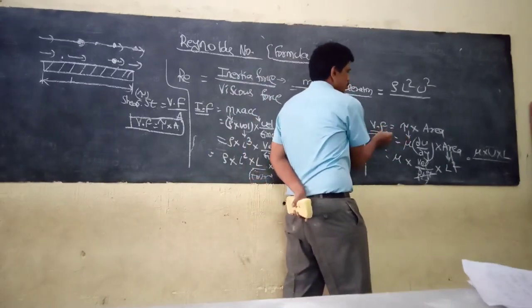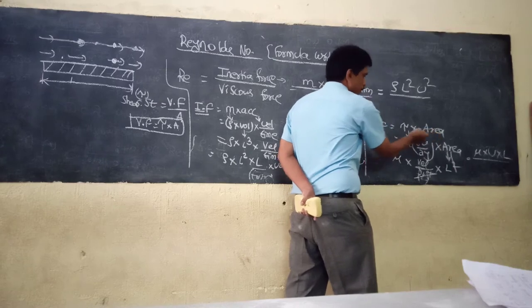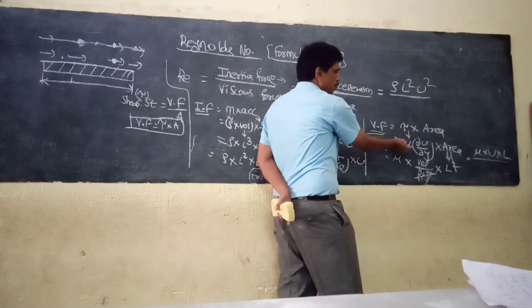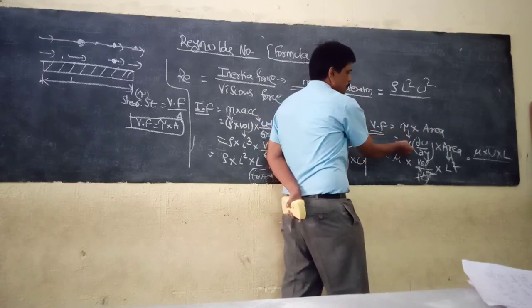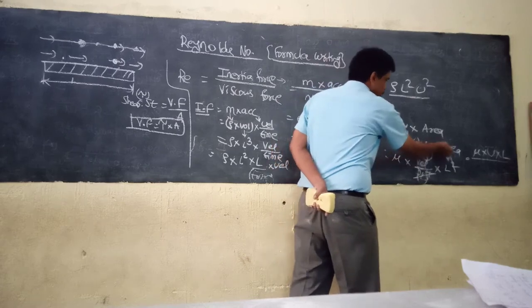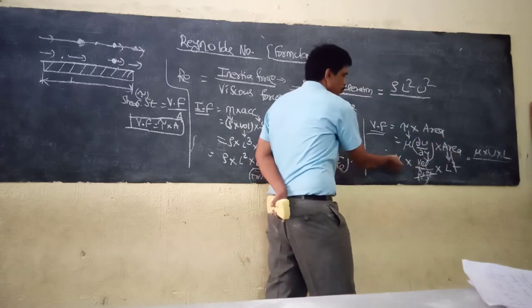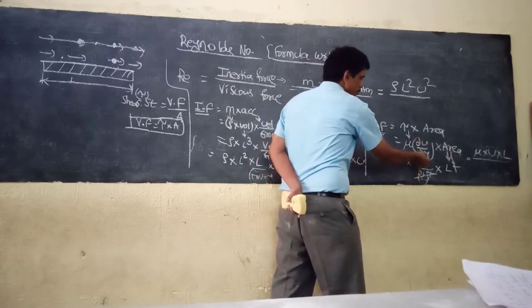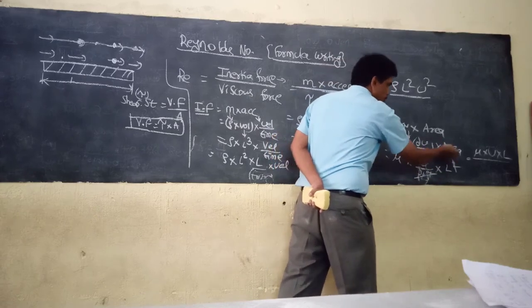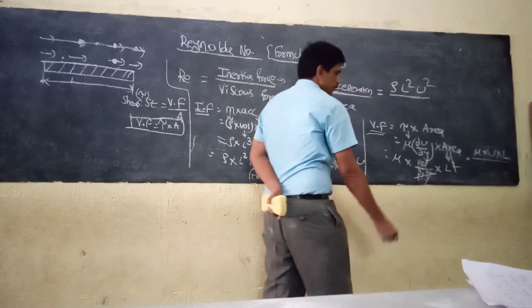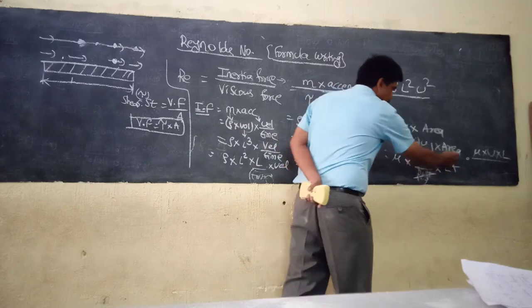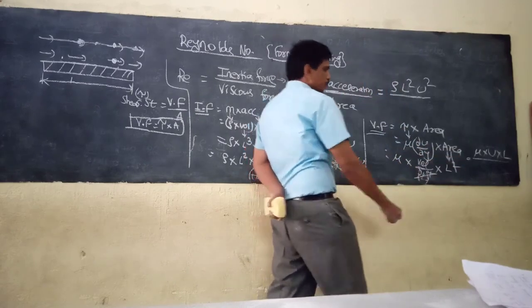Once again, viscous force is nothing but shear stress into area. According to Newton's law of viscosity, tau is equal to mu into dou u by dou y, into area. So mu into dou u by dou y, that is the velocity by distance, into area, which is L square. One L in the denominator and one L in the numerator will get cancelled.